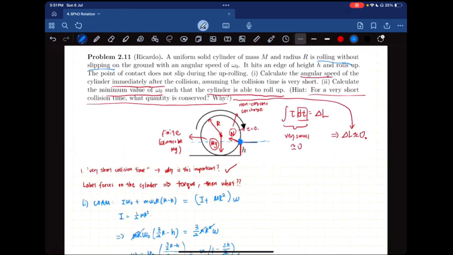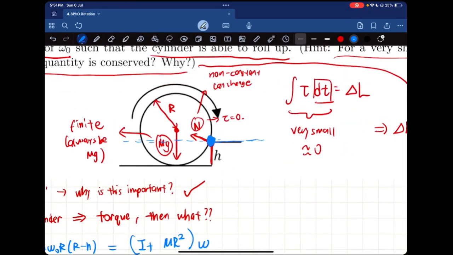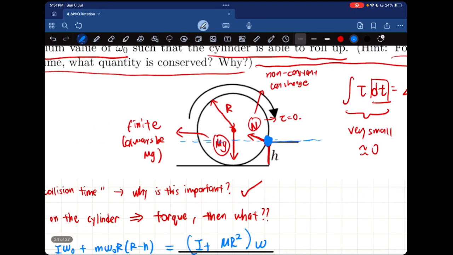The perhaps more important part is the first part, where it allows you to rationalize why, even though you technically have a torque in this case, because your torque by your mg exists, using some approximations you can still apply conservation of angular momentum by rationalizing that we have a finite force acting over an infinitesimal time.